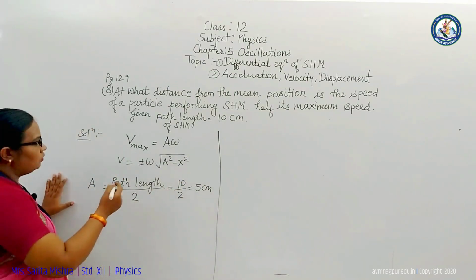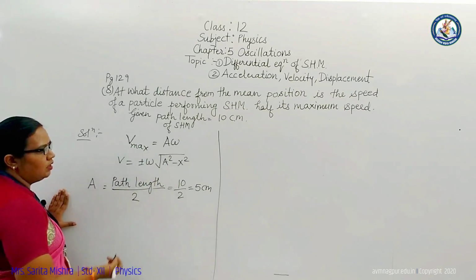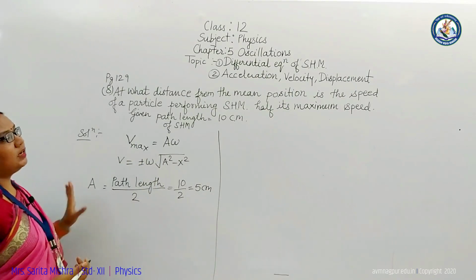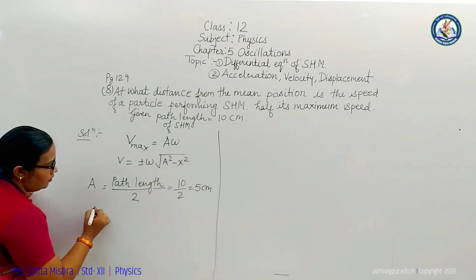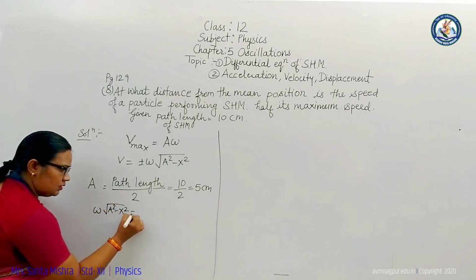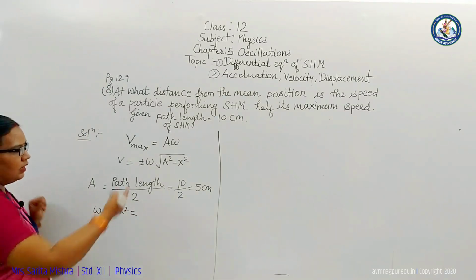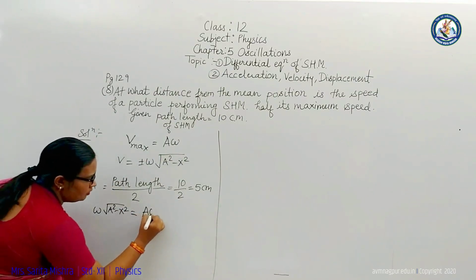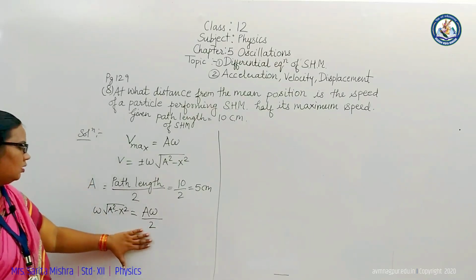As we know, v max equals a omega, and v is also equal to plus minus omega under root a square minus x square. But according to the given condition, the velocity is half of its maximum speed, so omega under root a square minus x square equals half of the maximum speed, which is a omega by 2.